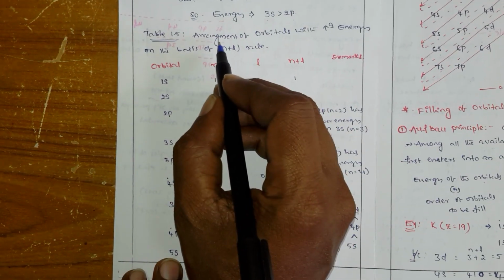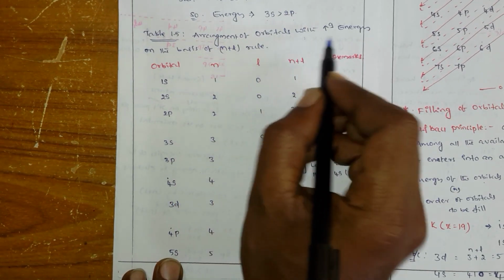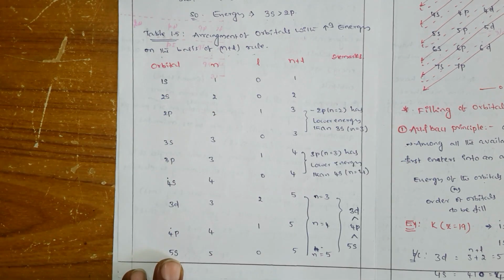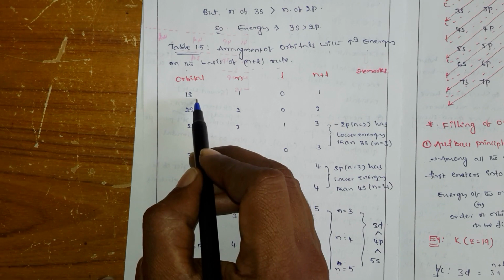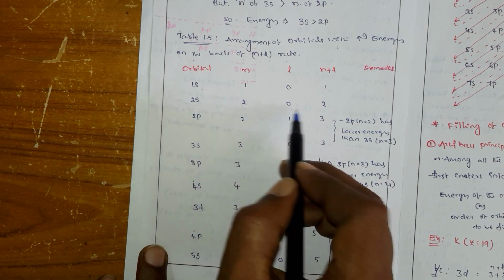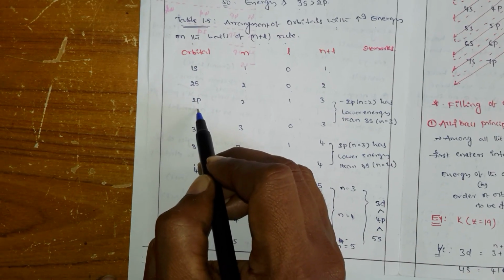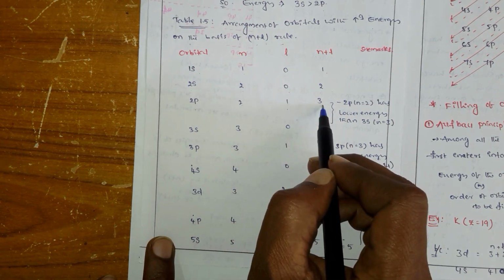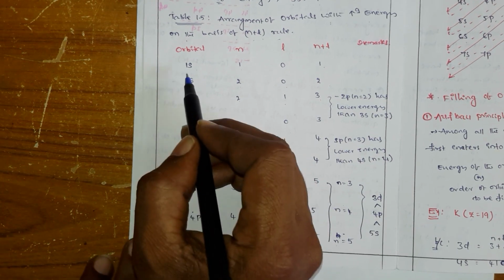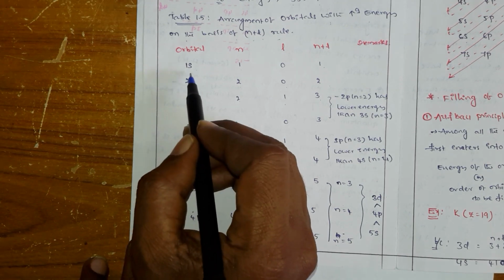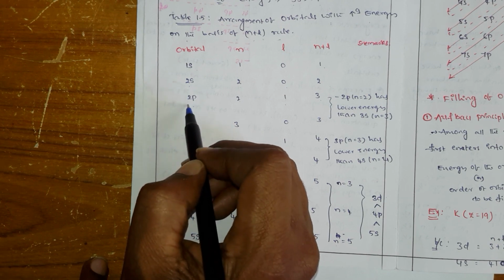So you see the table, the arrangement of orbitals with increasing energy on the basis of the n plus L rule. First is the 1s orbital, n is 1 and L is 0, so n plus L is 1. Next 2s, 2 plus 0, 2. For the 2p orbital, n is 2 and L is 1, so it is 3. So the 1s energy is less than the 2s, than the 2p.